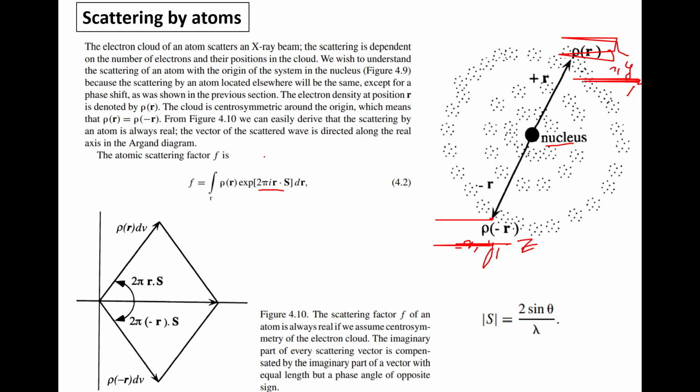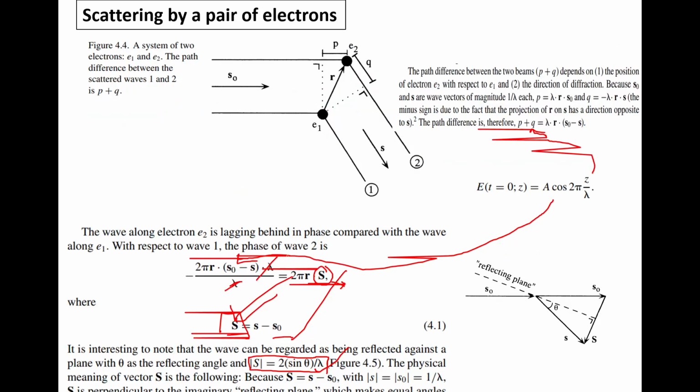Then someone can ask where this exponential term comes from. It comes from putting this 2 pi r dot s into the equation, where you have cos 2 pi r dot s, which is the r magnitude, s magnitude, cos theta.